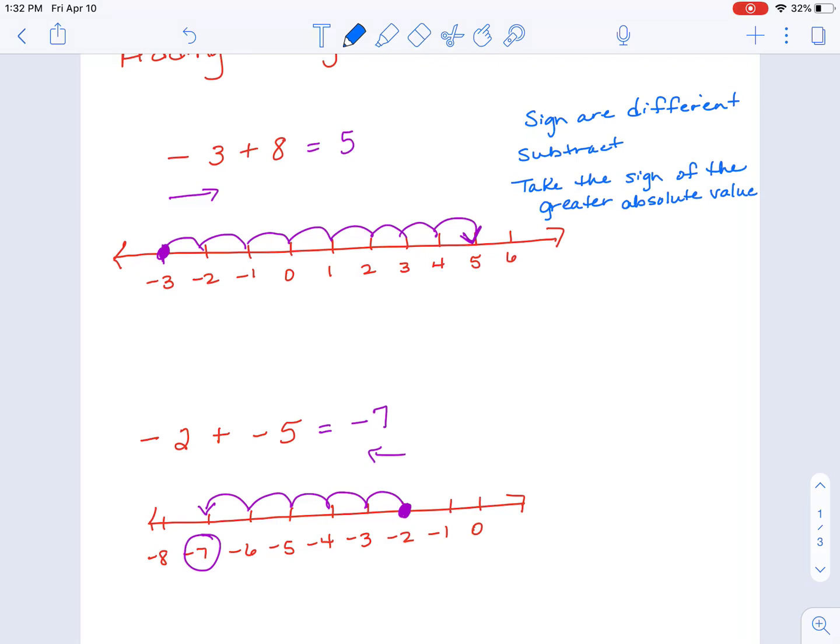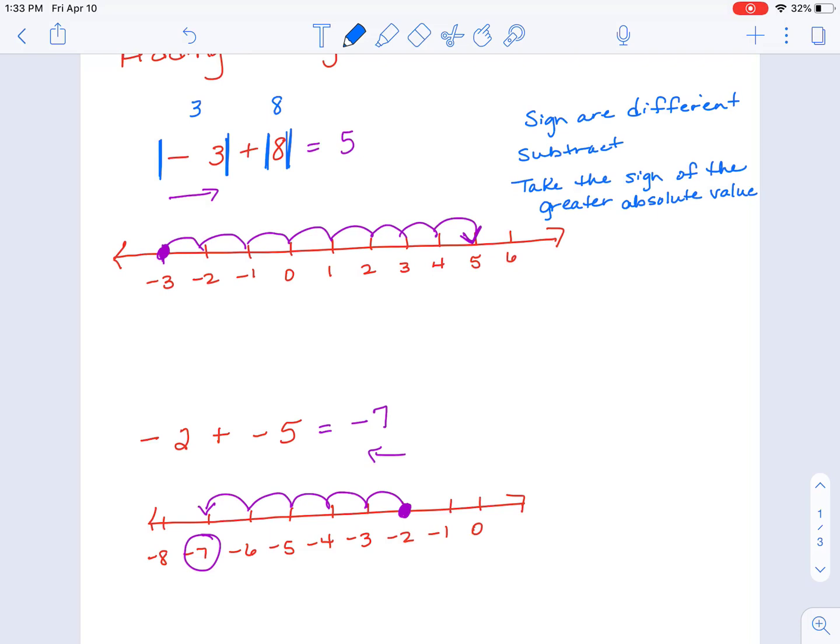They'll say take the sign of the greater value. But truly it is take the sign of the greater absolute value. So let's think, what would be the absolute value of negative 3? 3. What would be the absolute value of 8? 8. So 8 has the greatest value. 8 in the original problem is positive. So your answer is positive.